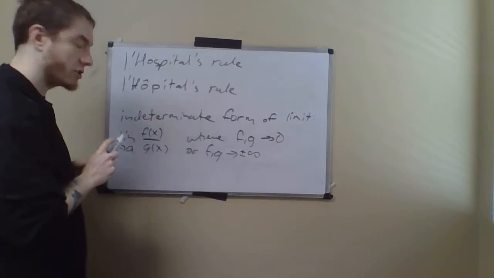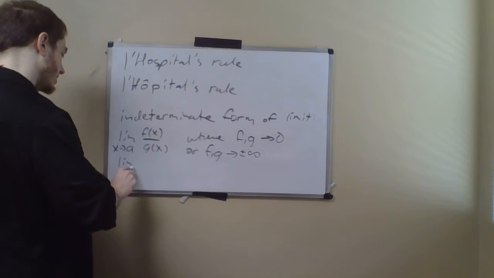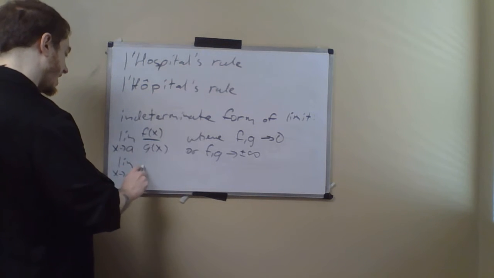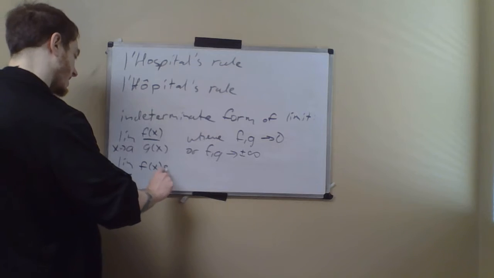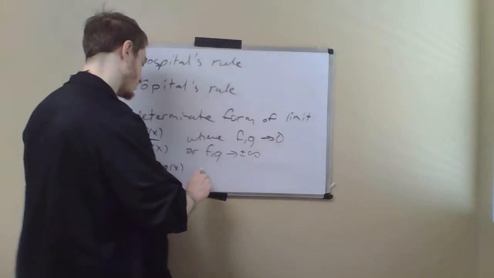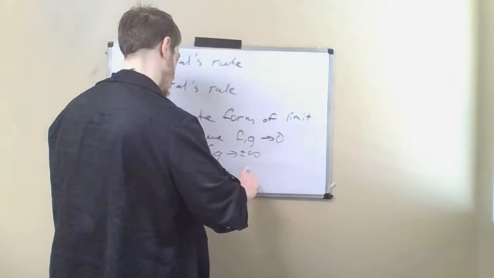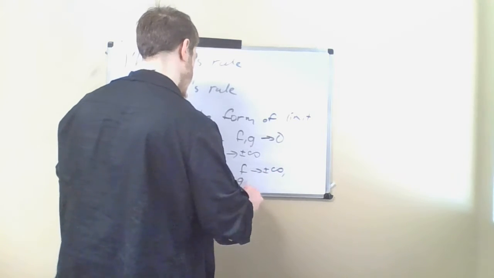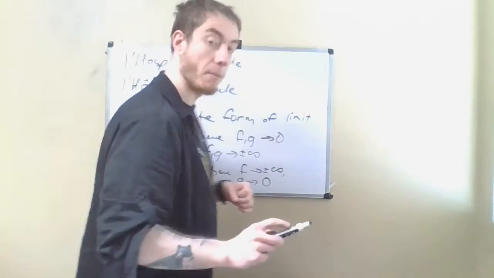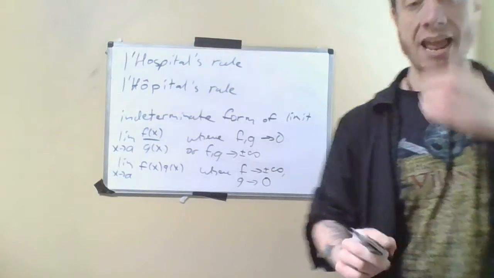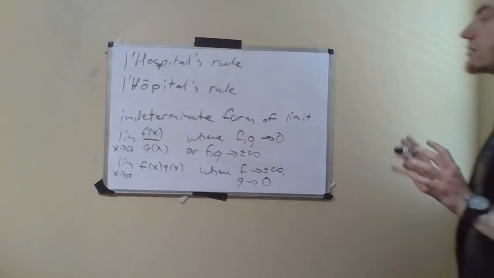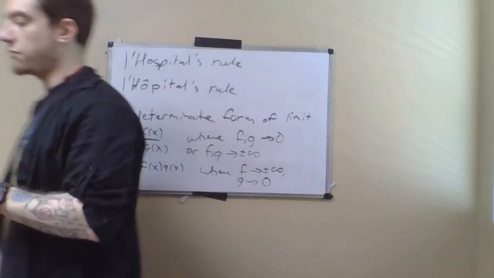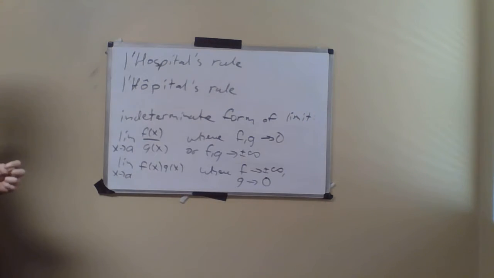Or, finally, we could have this situation, the limit as x approaches a of f of x times g of x, where f is approaching plus or minus infinity and g is approaching 0. Any of these are considered indeterminate form, and L'Hopital's rule applies in these situations.